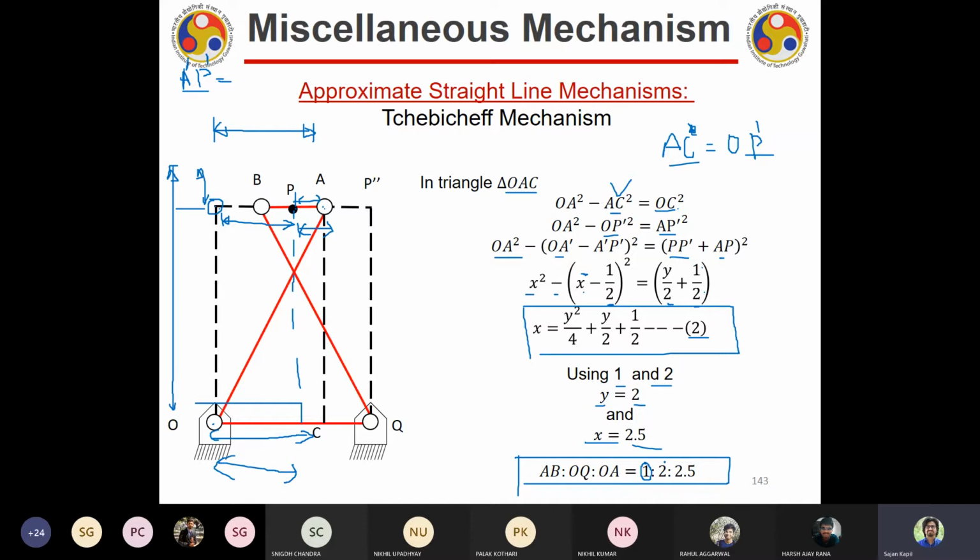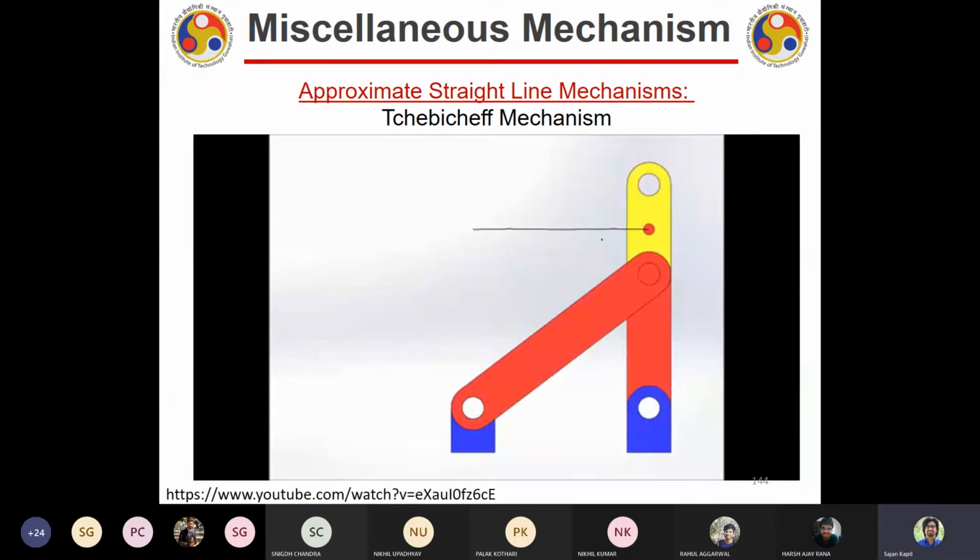Any doubts in this? Okay, fine. Now let us move to a video showing the Chebyshev mechanism.